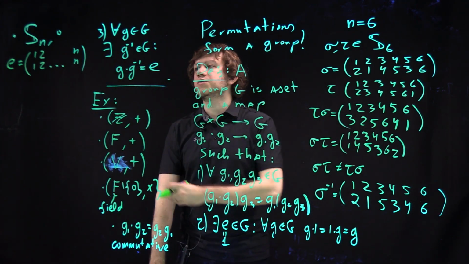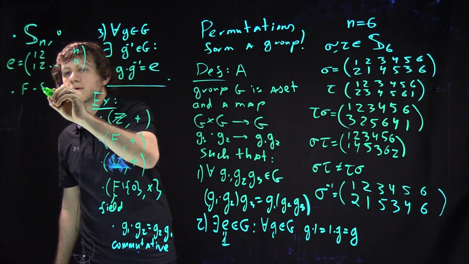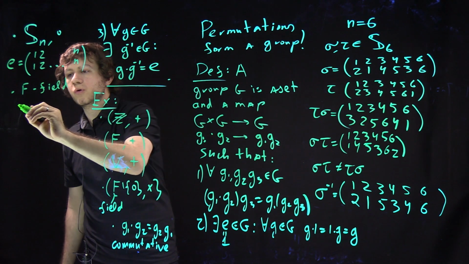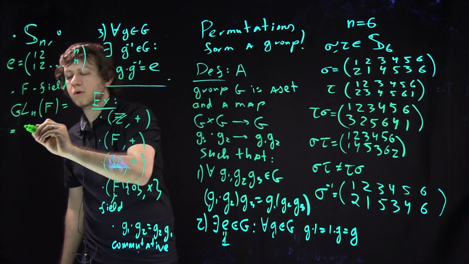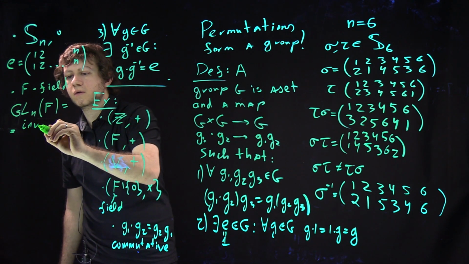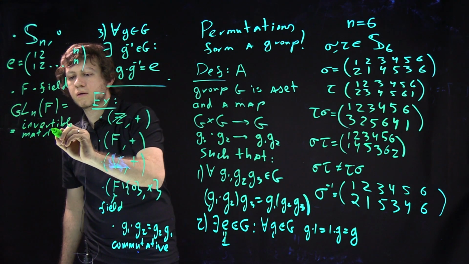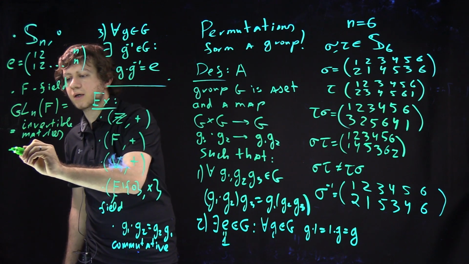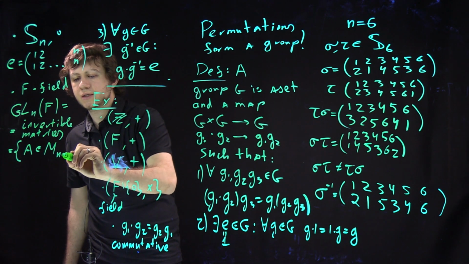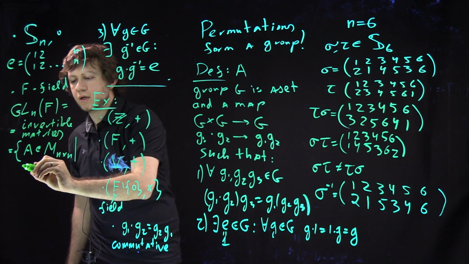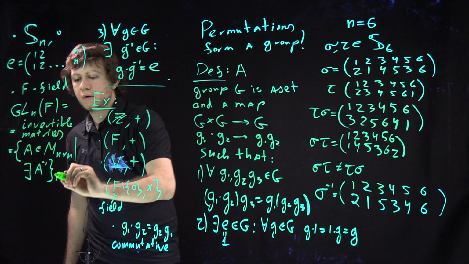And finally, there is another interesting example of a group. You can take F some field, and then you can take the group denoted by GL_n of F. This is the group of invertible matrices. So these are matrices A inside n by n matrices, such that there exists an inverse.